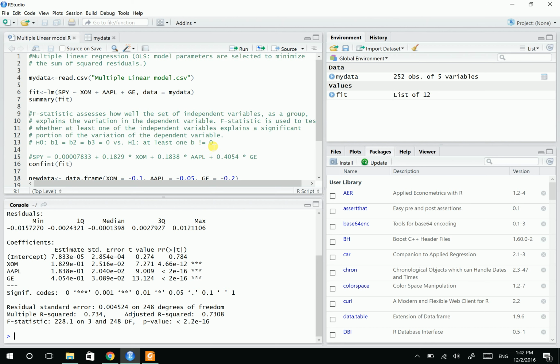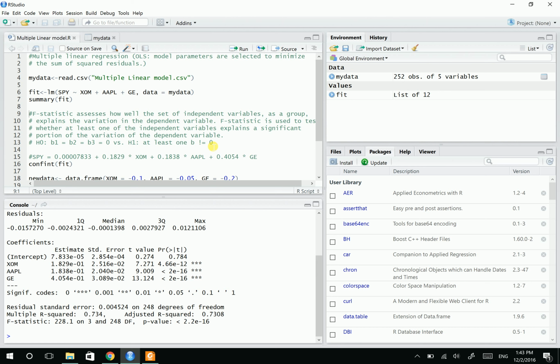So this puts all the independent variables together as a group to check whether the regression itself explains a significant portion of the variation in the dependent variable. If the F statistic is big enough, then the regression itself does explain something in the dependent variable. This is going to be your first step when choosing the right independent variables.